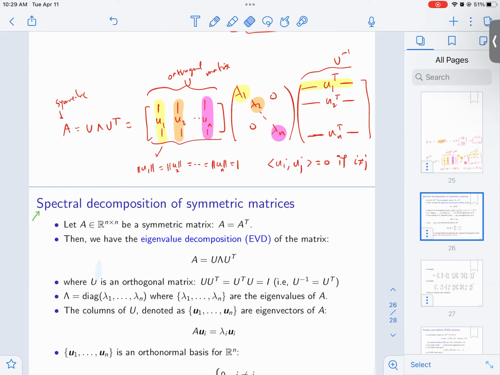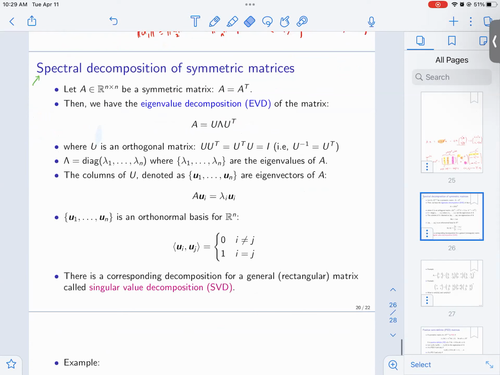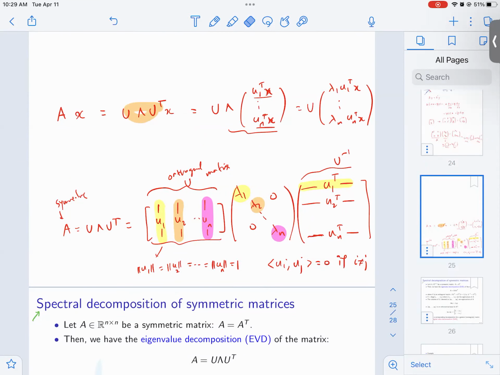So there's a lot of things going on here. But that's it basically. This slide just summarizes everything. Okay, so from the notion of eigenvalues and eigenvectors, we get to this idea of an orthogonal decomposition of a symmetric matrix, where it can be written as an orthogonal matrix multiplied by a diagonal matrix multiplied by the transpose of that orthogonal matrix, which happens to be also the inverse of that orthogonal matrix.